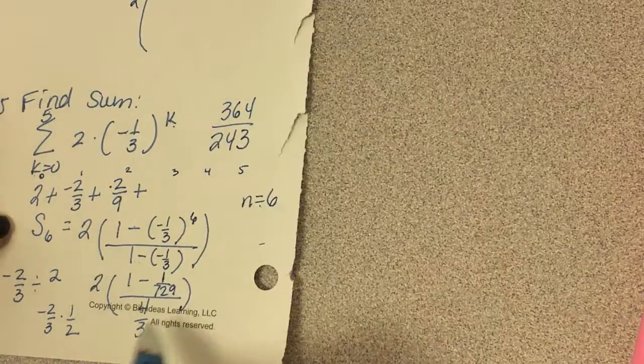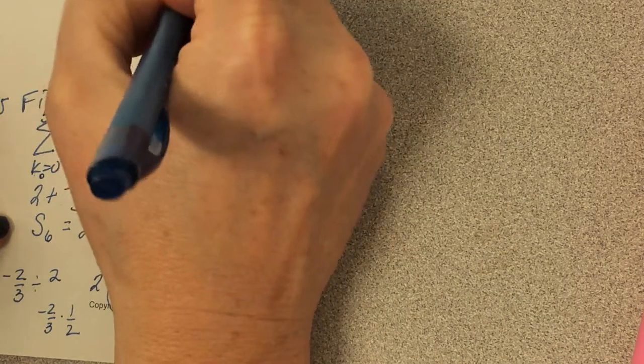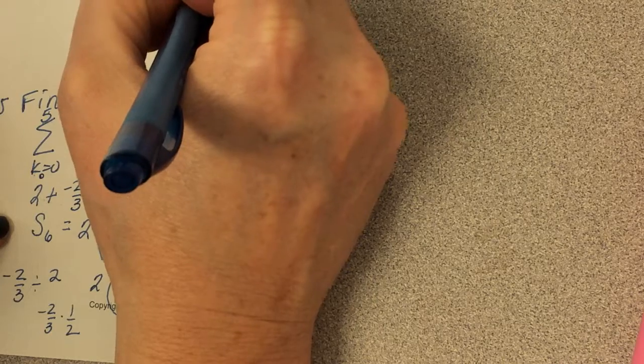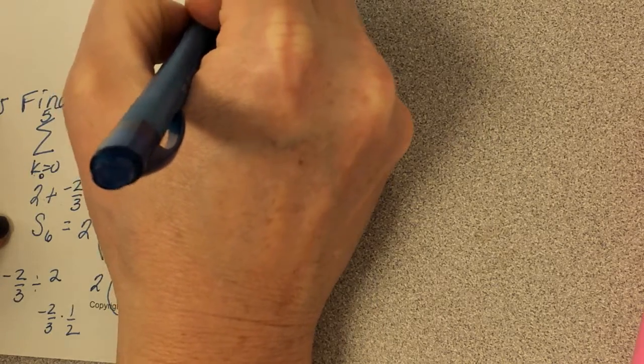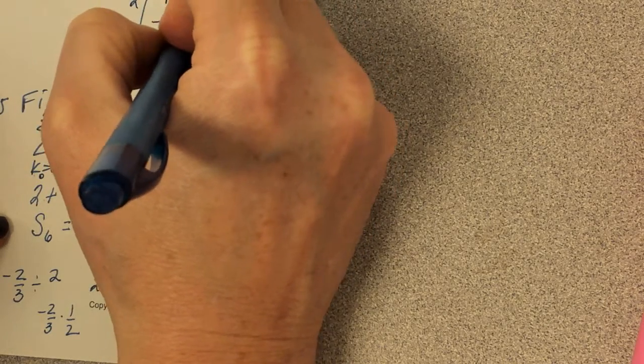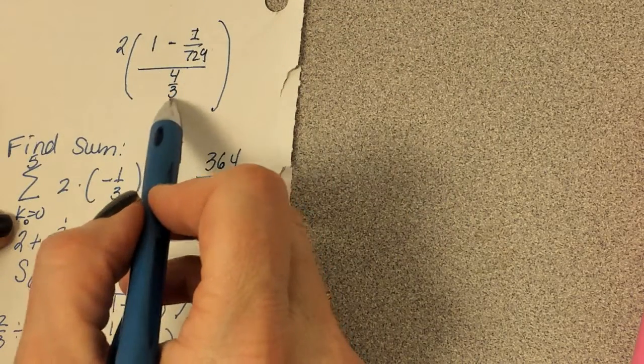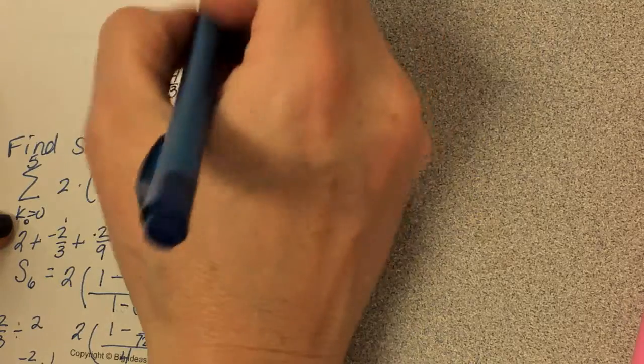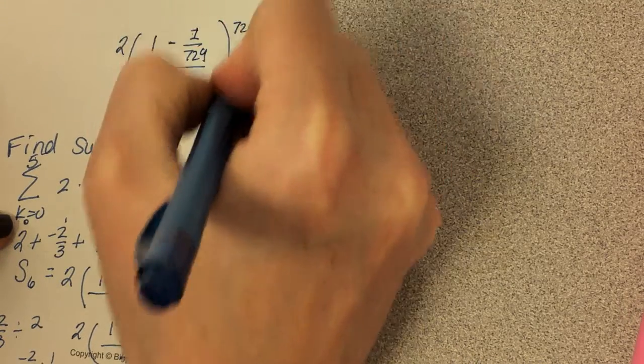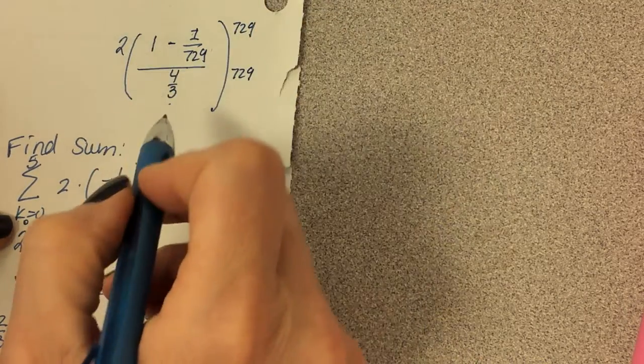Now, simplifying this, I'm going to come up here where I have a little more room. I have to do 2 times 1 minus 1 over 729 all over 4/3. What I can do with this is multiply through by my common denominator, which is 729. So I'm going to multiply the top and the bottom by 729.